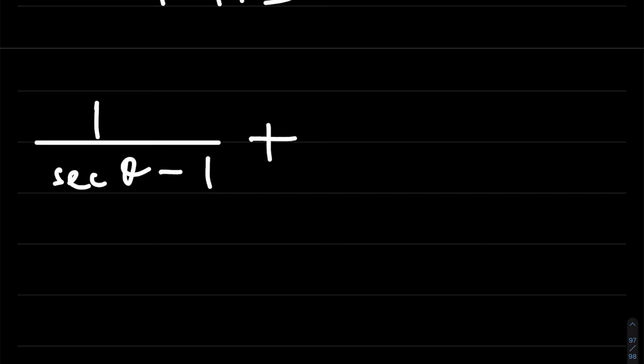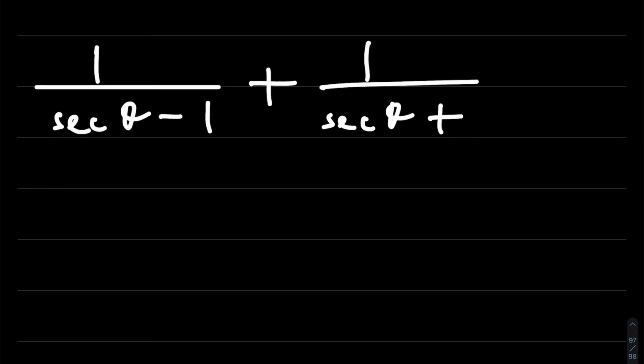Show that 1 all over sec theta minus 1 plus 1 all over sec theta plus 1 equals 2 cos theta cosec squared theta.